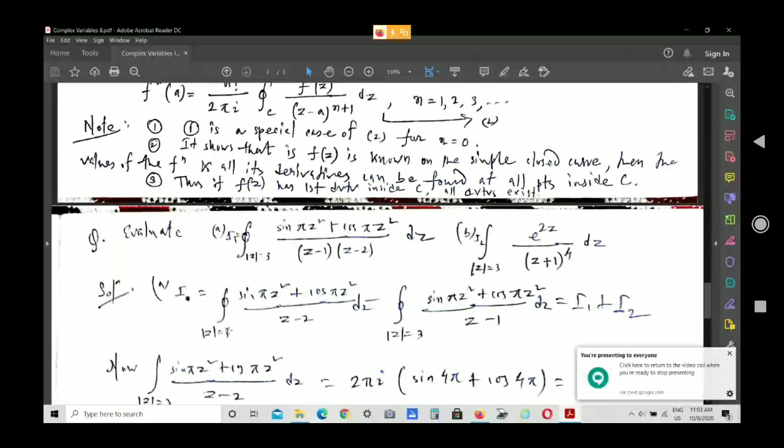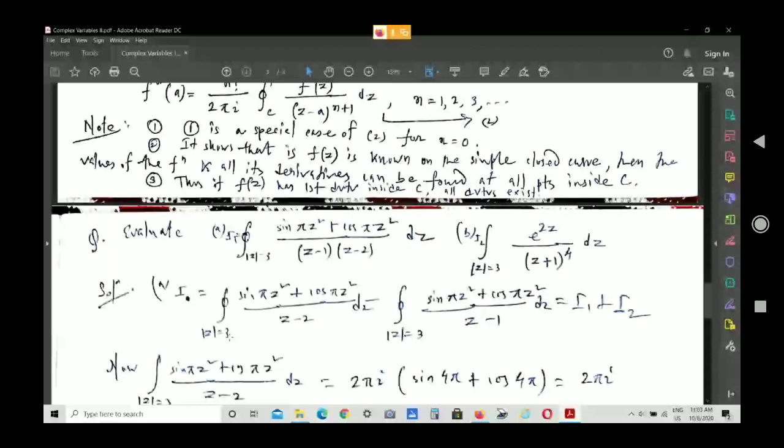Mod z equal to 5 will mean the collection of all those complex numbers whose distance to origin is 5. This collection will constitute a circle with radius 5, center origin, like that.